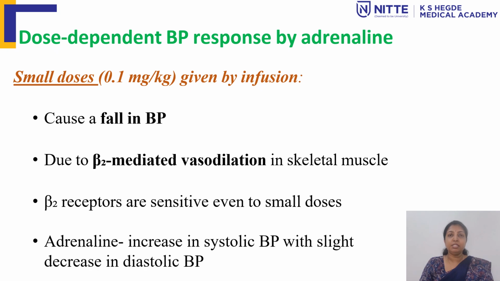Beta 2 receptors are very sensitive to small dose of adrenaline, and with adrenaline there is increase in systolic BP with slight decrease in diastolic BP. So mainly they produce fall in BP when you are giving adrenaline small dose by IV infusion.